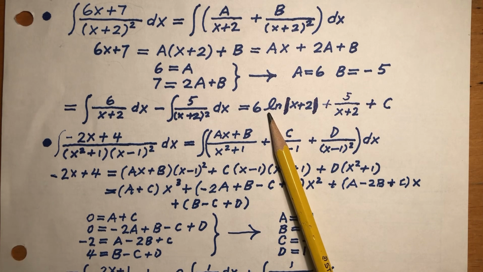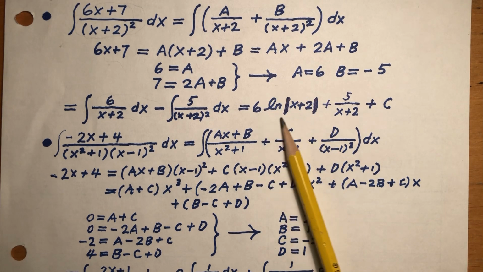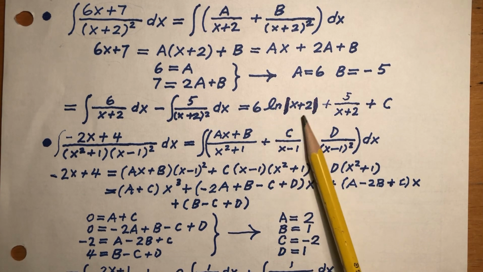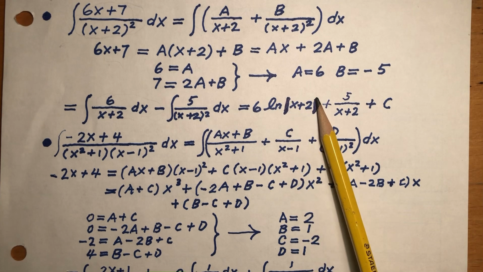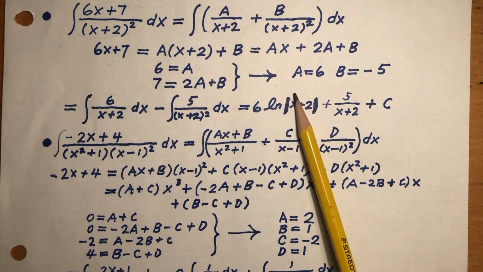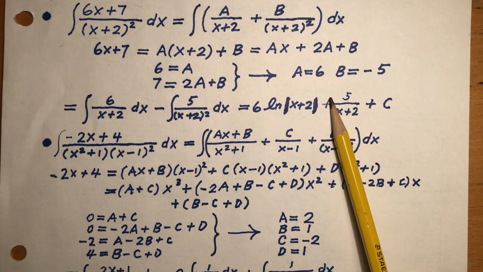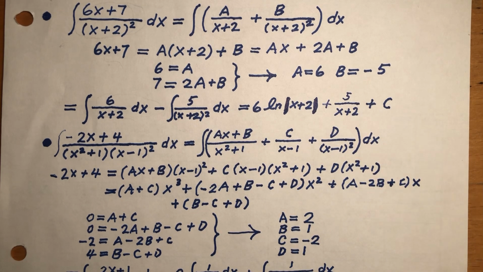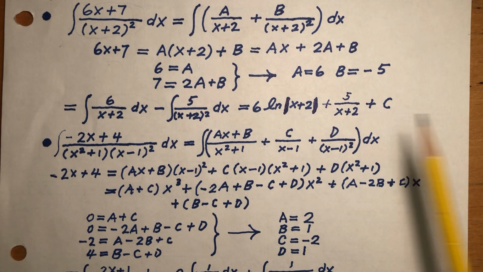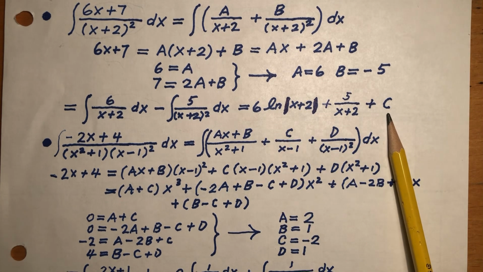So this is the result of integration. This is just the absolute value. Okay. The integration of this is this. And you add a constant of integration. So this is the result.